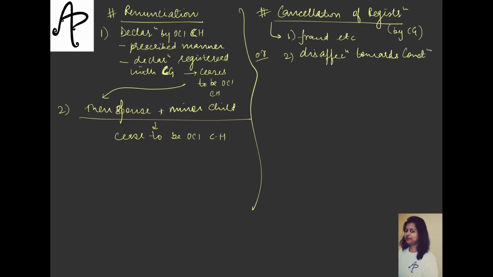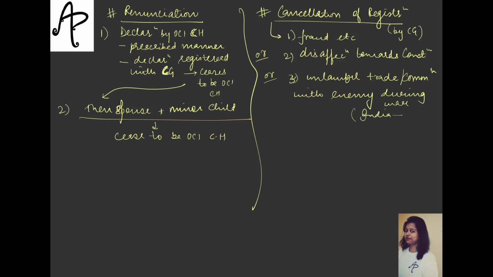So in this case also that can happen. Or you are indulged in any unlawful trade. ठीक है, जो same चीज़ उसमें थी. और communication with enemy during war. Definitely such kind of war in which India is also engaged.